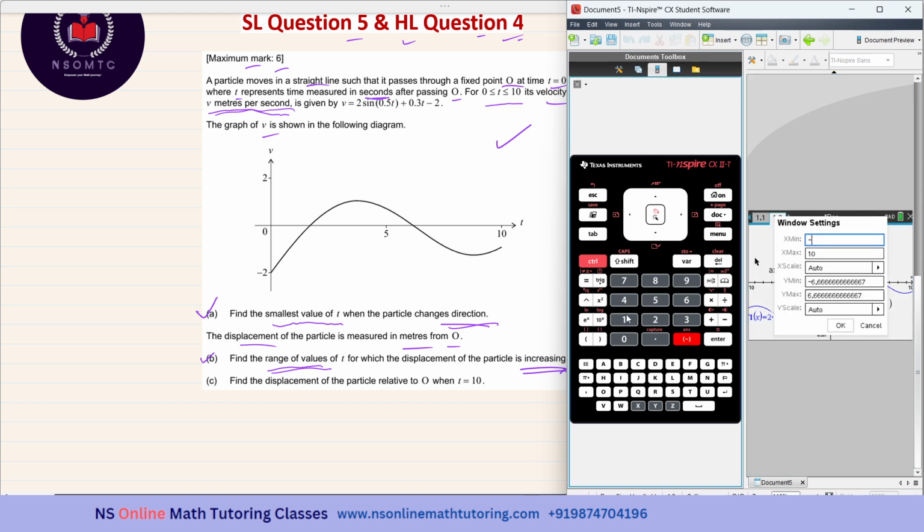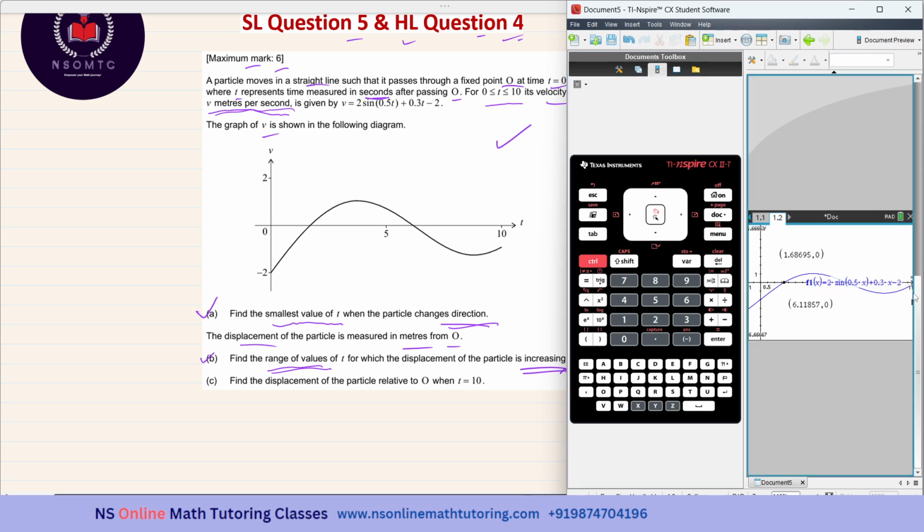I can take this as minus 1 and this as 11. You see it is between these two values. This is 1.68695 and this one is 6.11857. Between these two time values, the velocity is above the x-axis. That means velocity is positive. Therefore, between these two time intervals, the displacement is increasing.